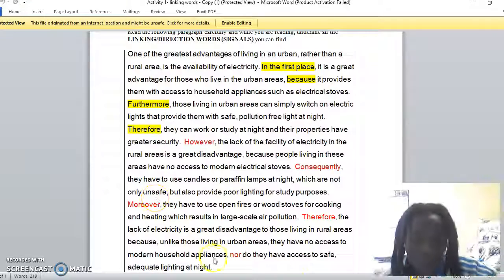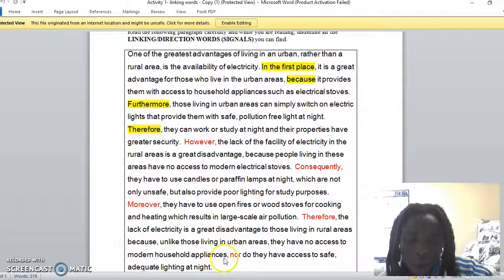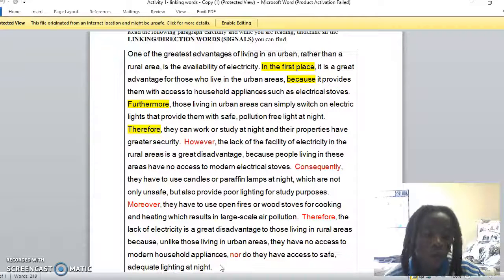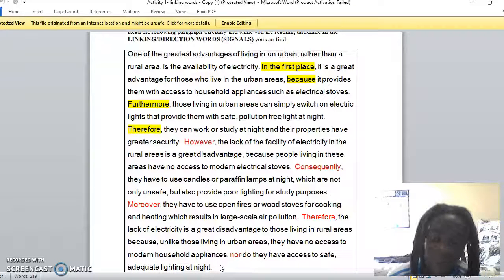Now here with "nor," the writer was speaking to us, you should remember, regarding two different groups of people, those living in rural areas and those living in urban areas, and all their circumstances.